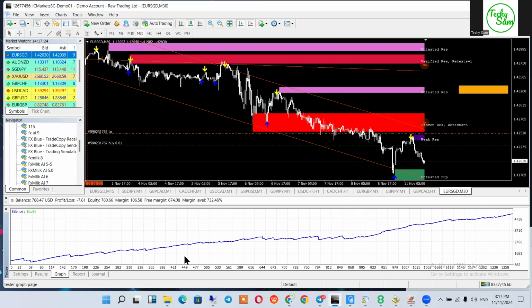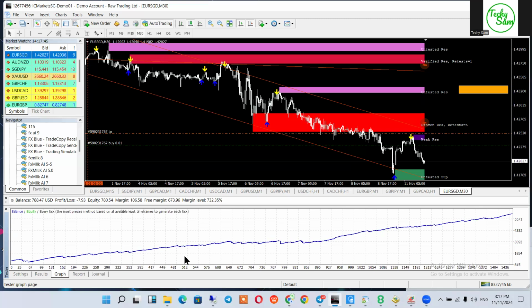If your account is above $1,000, it's relative as well. If it is $1,005, expect 0.15 lot size. If it is 2,000, 3,000, 5,000, up to 10,000, at $10,000 expect 1.0 lot size.